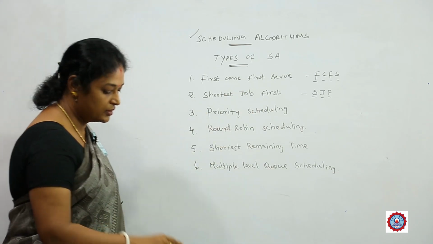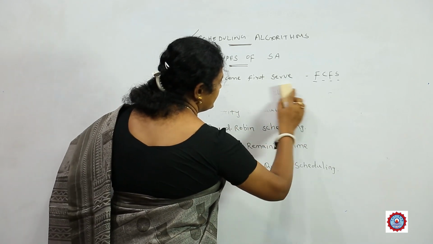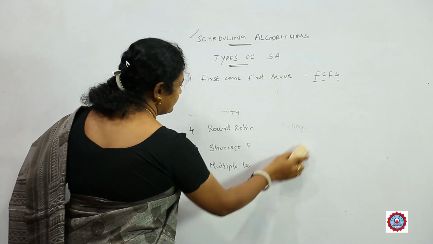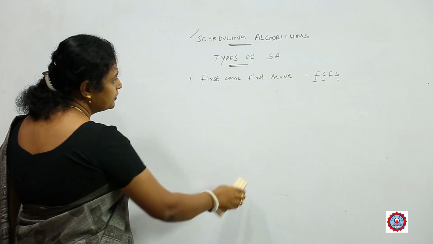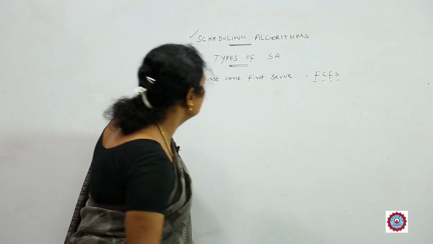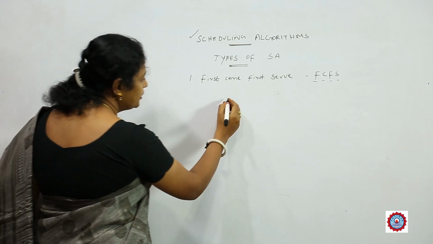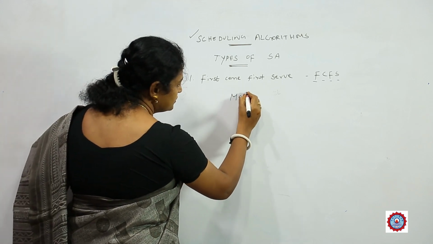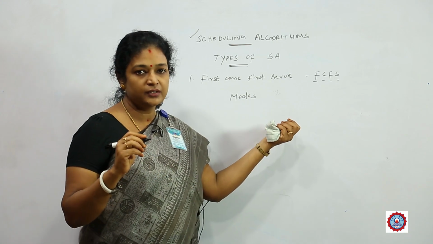So, let us come to the first one. Before proceeding with first come first serve, there are two modes which act as a common thing for all types of algorithms.